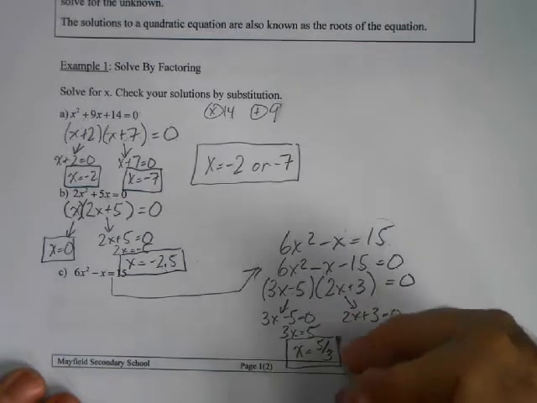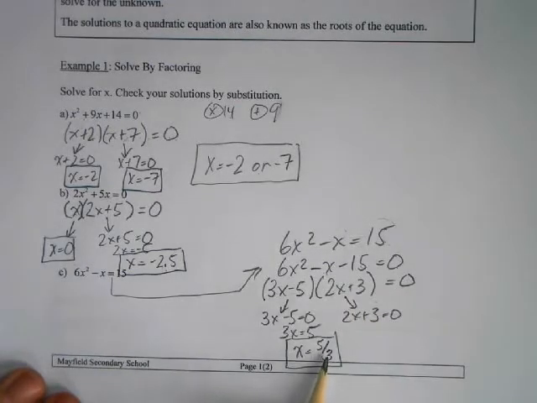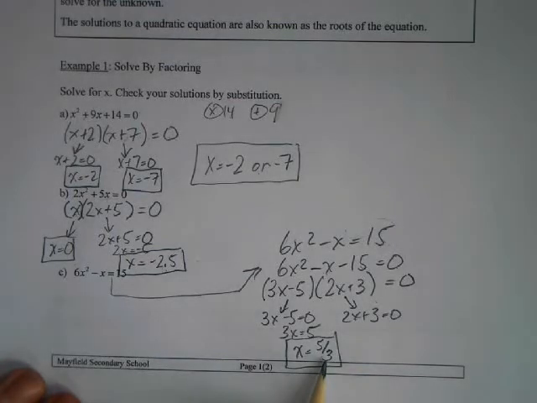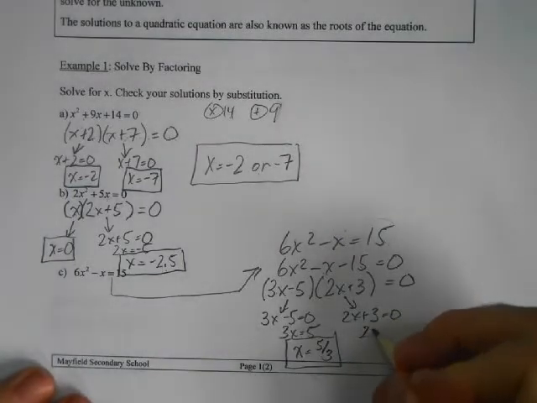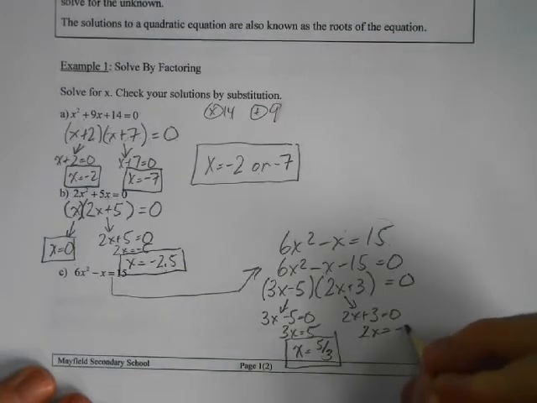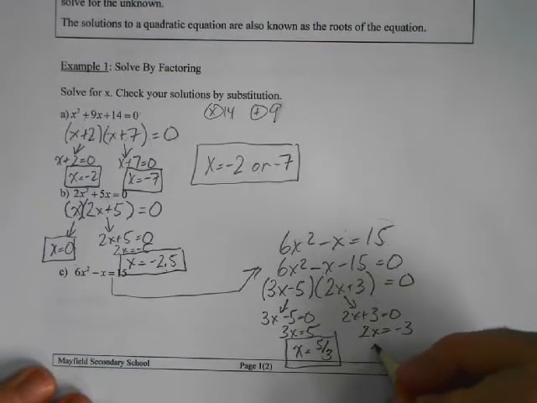That's one answer. And this would be one case where I should not change it to a decimal because it goes on forever on your calculator. Don't round it to 1.6667, right? It's still not exact, so leave it as a fraction. For this one, I'd subtract 3 from both sides and then divide by 2.